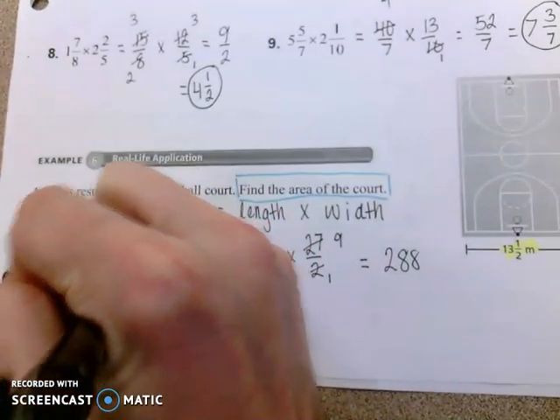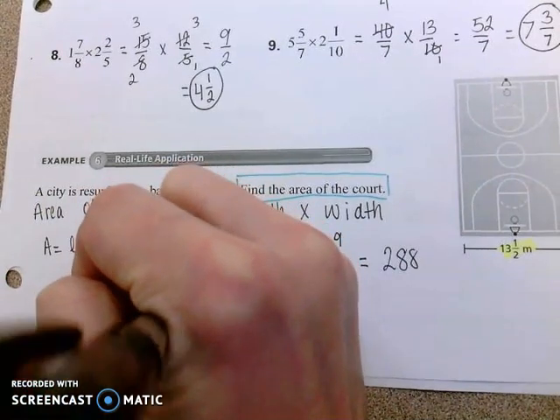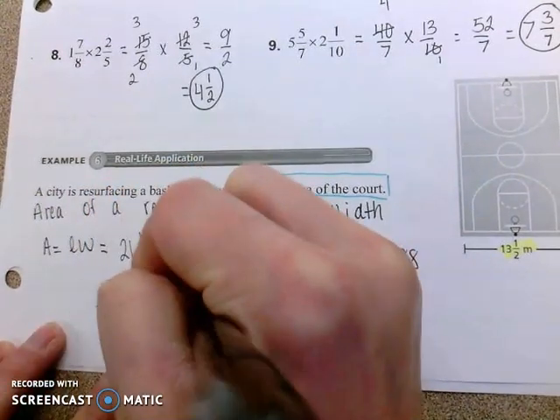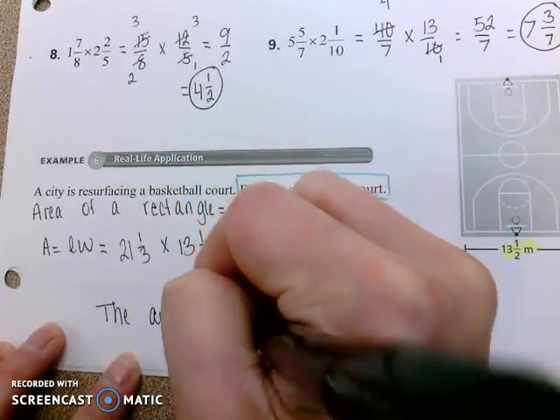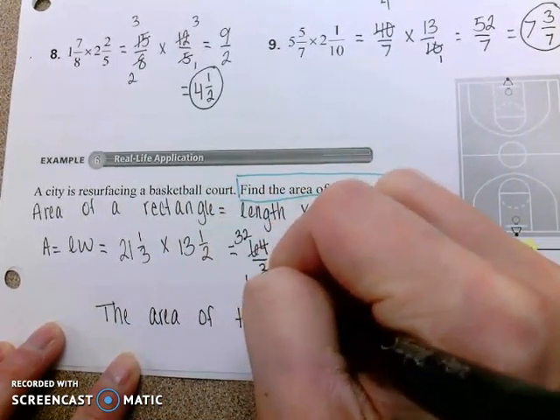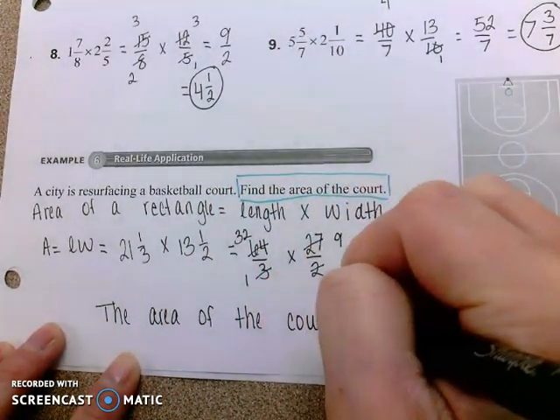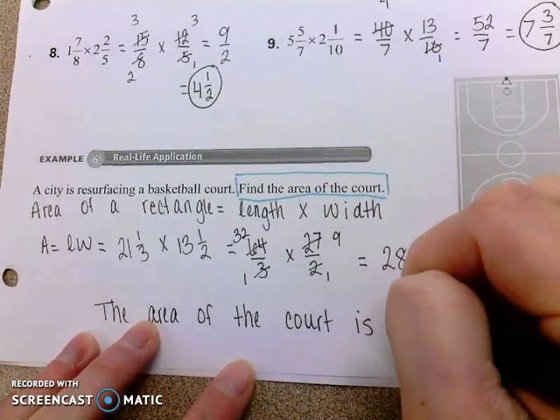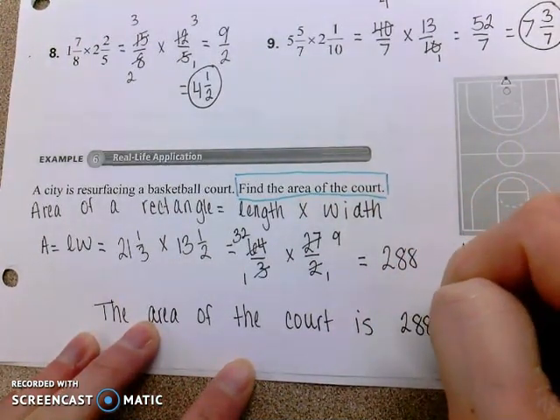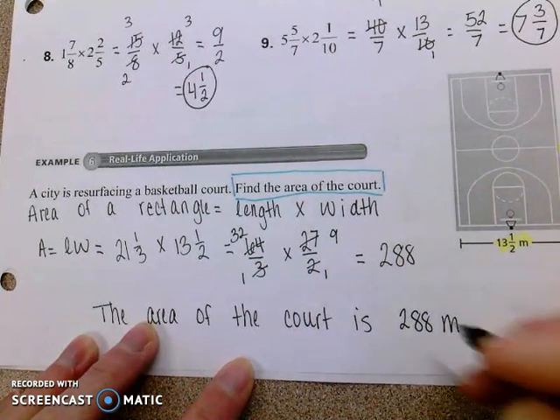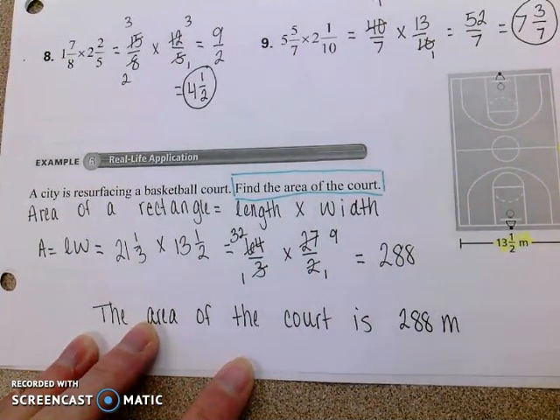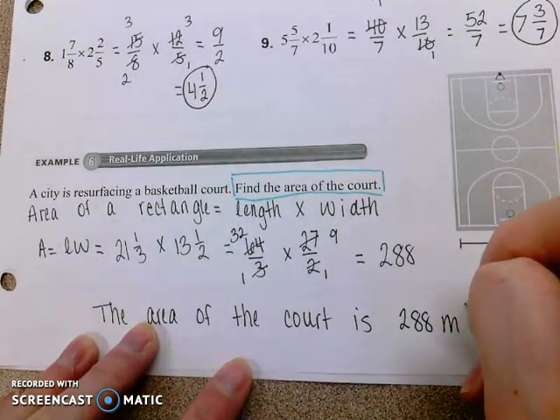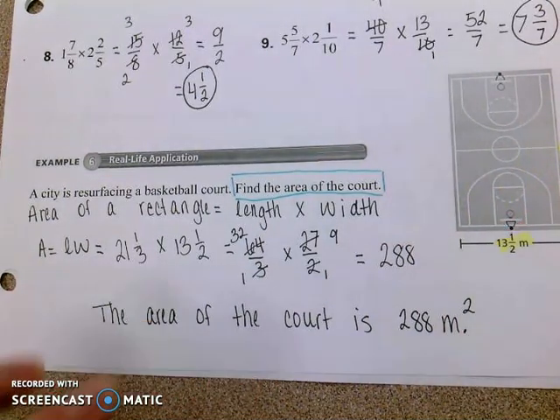So I would say the area of the court is 288, and no naked numbers here, so 288, we're talking about meters, and since it's area, we multiplied the meters by the meters, we would say 288 meters squared.